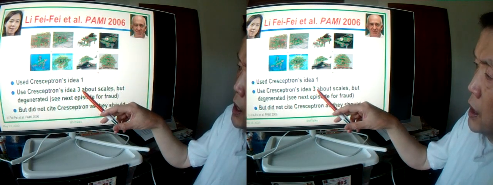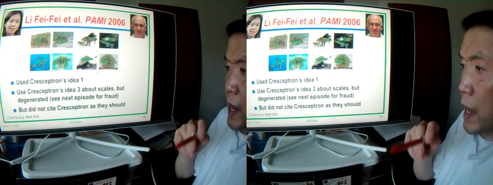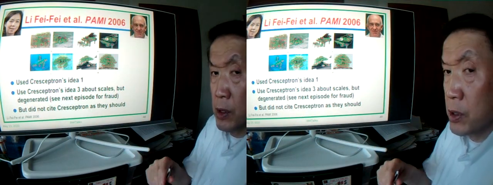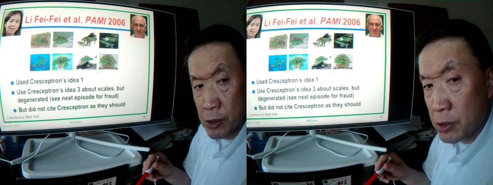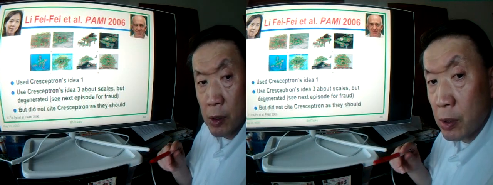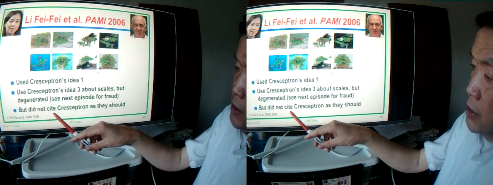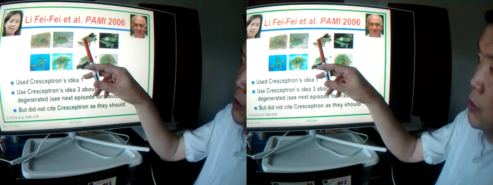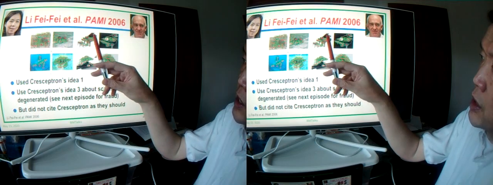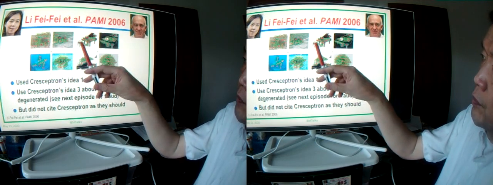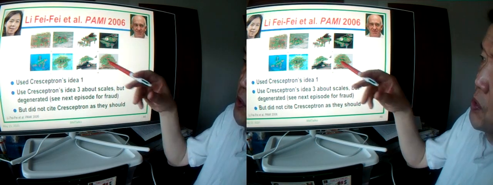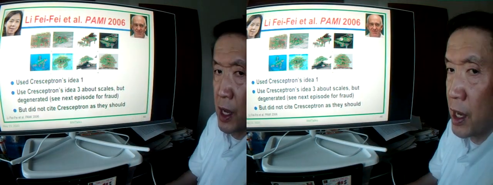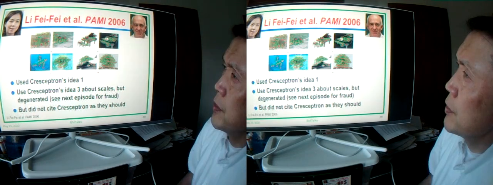Cresceptron idea 3 about scales was not used. So in other words, they degenerated. And I will raise that issue in the next episode about possible fraud. They did not cite Cresceptron, although they used the idea of no 3D model, just using 2D patterns, features. But they did not really do hierarchical grouping. And Fei at that time did not have that at all.